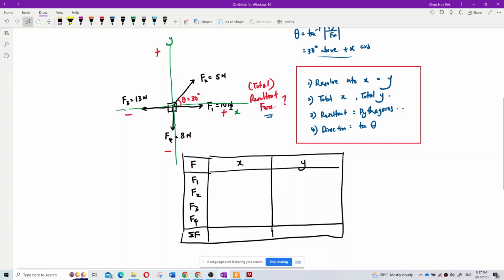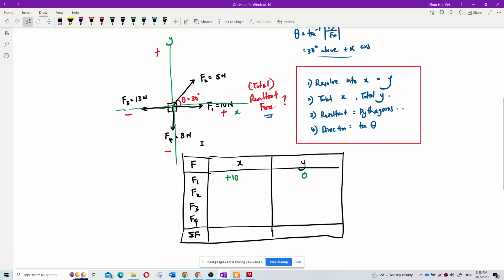So F1 is 10 Newton, to the right. So it is positive, and it is at the x component. So we put positive 10 Newton in the x component, but the y component is 0 because there is no component.